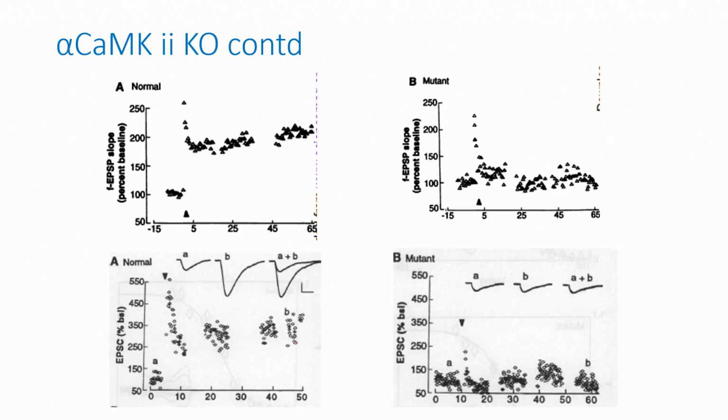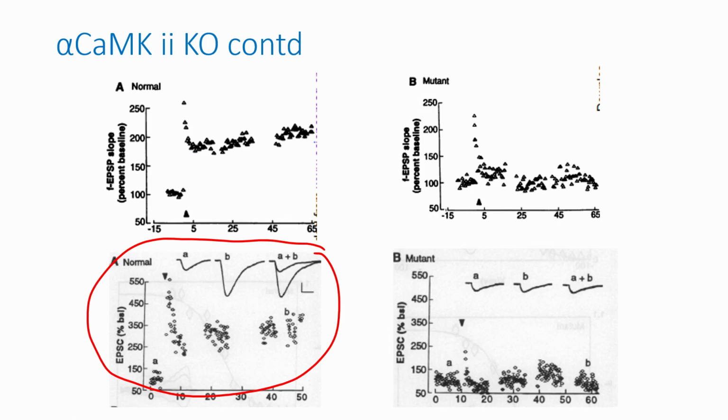You can measure the amplitude as a function of the percentage of baseline conductance, as is done below in these graphs, or you can measure the rise of the potential, the slope so to speak. Whatever you measure, what you see is that in the normal animals they are pretty intact, that is exactly what you would expect.